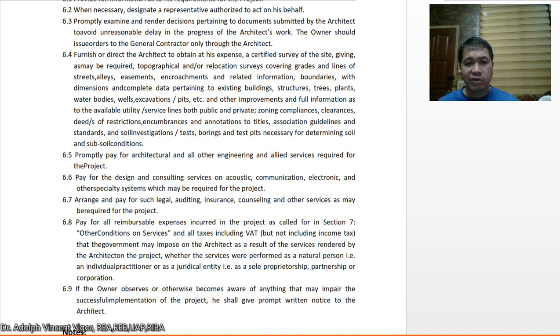Okay. Then if the owner observes or otherwise becomes aware of anything that may impair the successful implementation of a project, he shall give prompt written notice to the architect. So 6.9 is really crucial because if the owner is aware that a certain issue may affect the successful implementation of the project, he should inform the architect in advance because it affects the timeline.